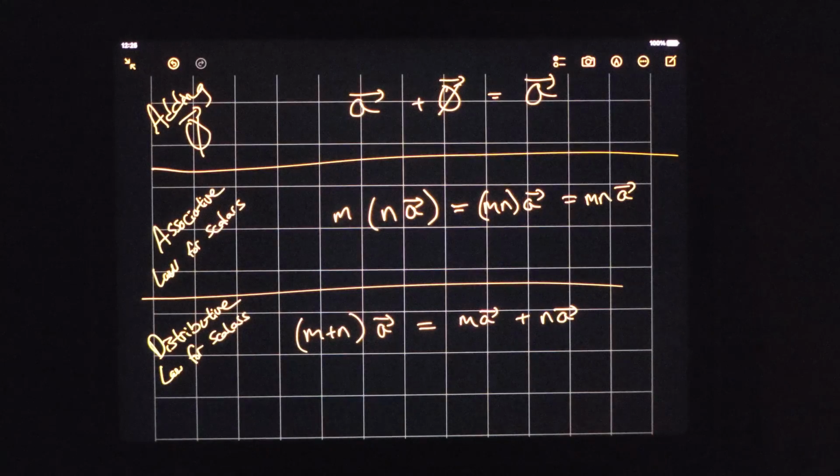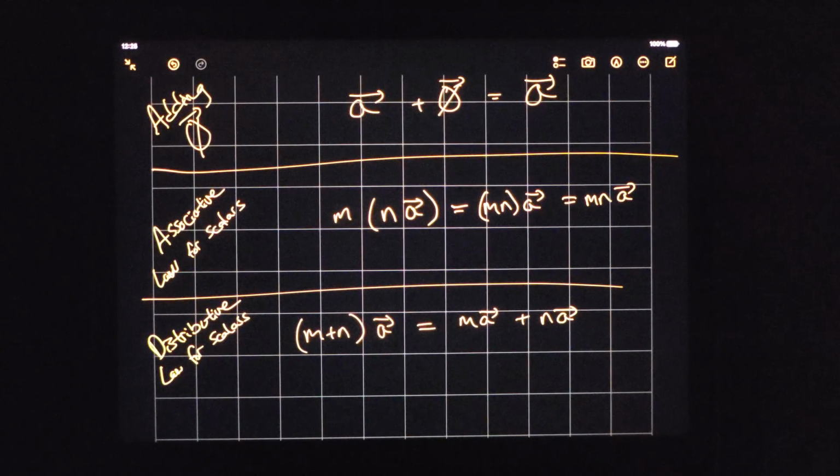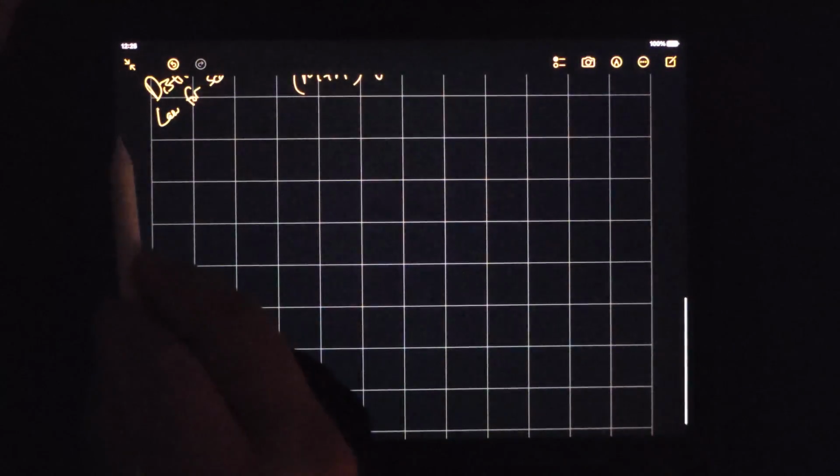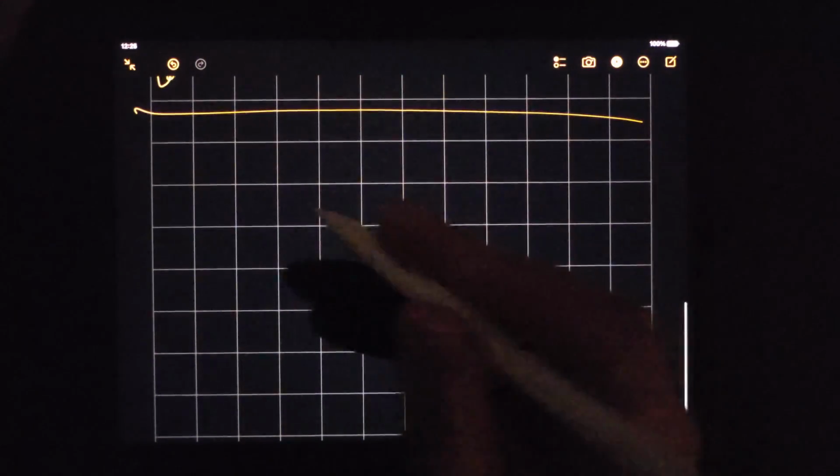So, I guess we could do an example here. We can do a few examples. Well, let's do 2 examples here. Let's do this one using these laws that we've learned so far.